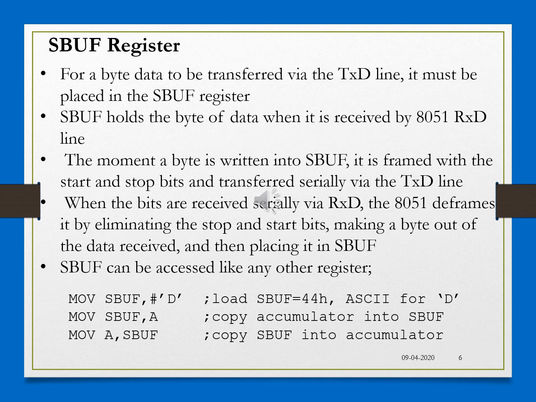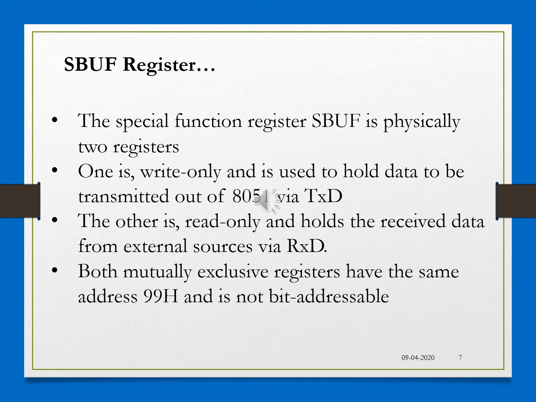A few examples are shown here. You can load an immediate value into SBUF, or you can load from the accumulator, or the content of SBUF can be moved to the accumulator. SBUF is physically two 8-bit registers.